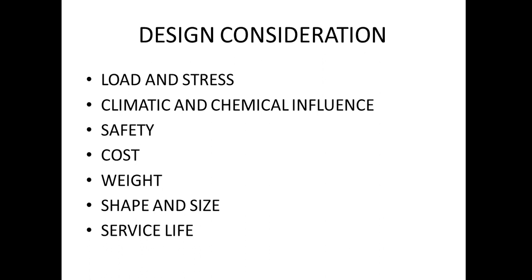So if they have quoted that the service life is 5 years, it should stick to that. So we need to watch these things while designing a particular type of product.